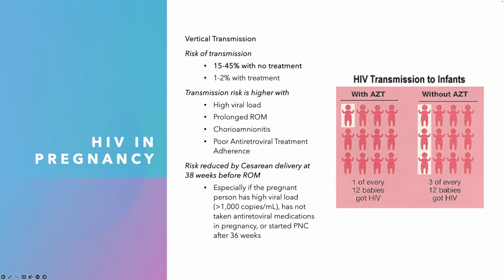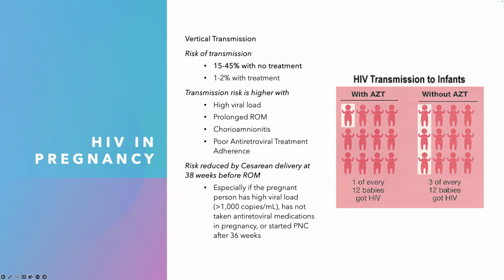If they have prolonged rupture of membranes, so if their water is broken for a long time, which is why we really want these people ideally in and out in labor. We don't want to break their water. We want their water to break on its own because it puts them at higher risk for transmission. If they develop chorioamnionitis, an infection of the amniotic fluid, it puts them at risk for transmission. And if they're not adhering to their medication, it's going to put them at risk for transmission.